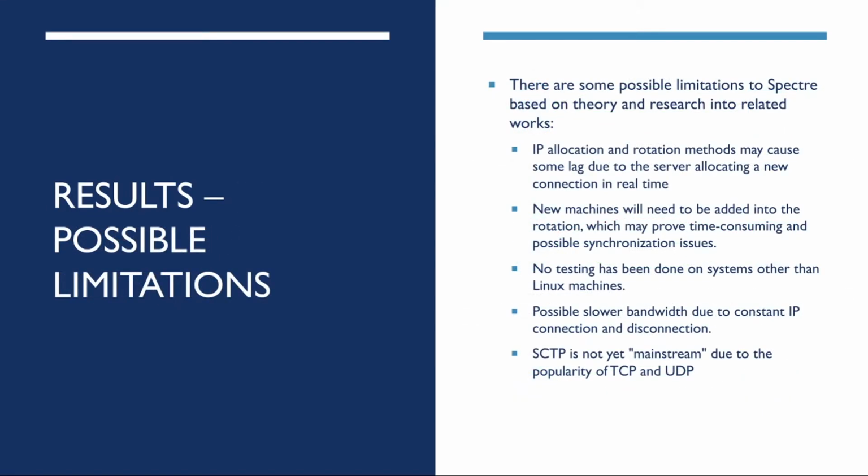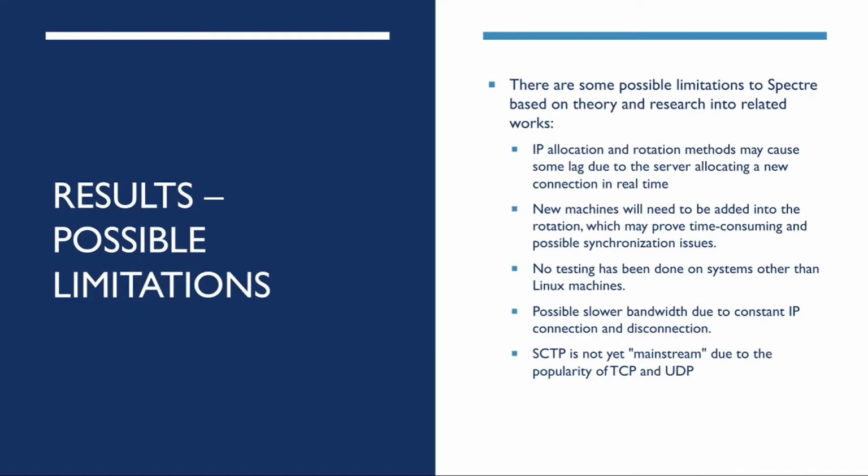There are some possible limitations to Spectre, and these are all based on theory while working on this research assignment, as well as research into other related works such as Mirage and the IP hopping work. One of the possible limitations is some lag due to IP allocation and rotation in real time, because the server will have to allocate these IP addresses and rotate through them in real time.